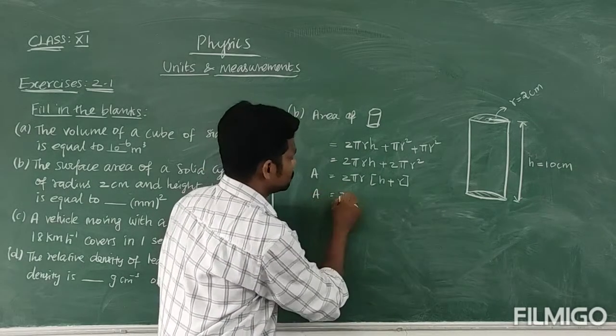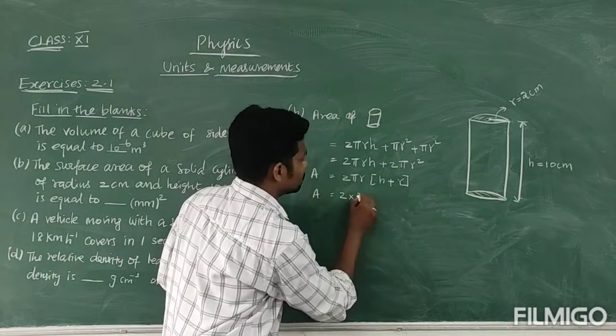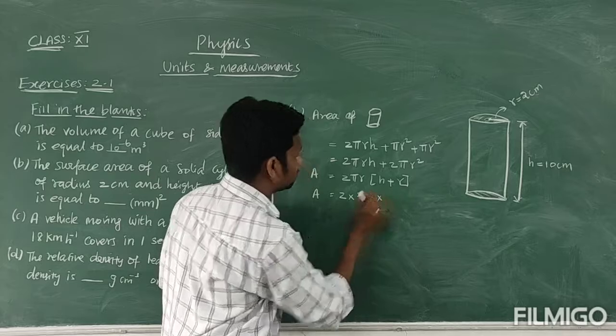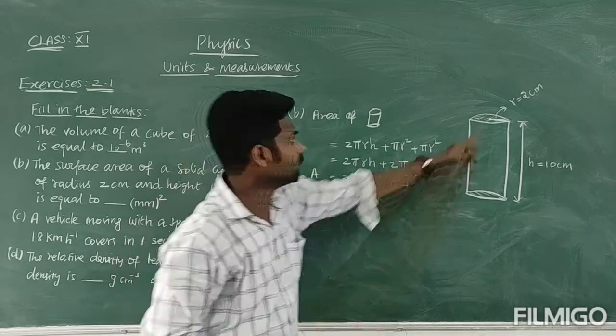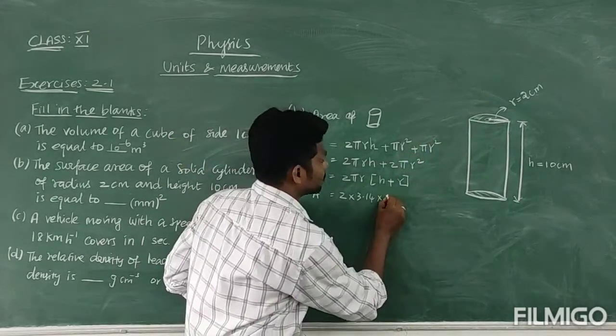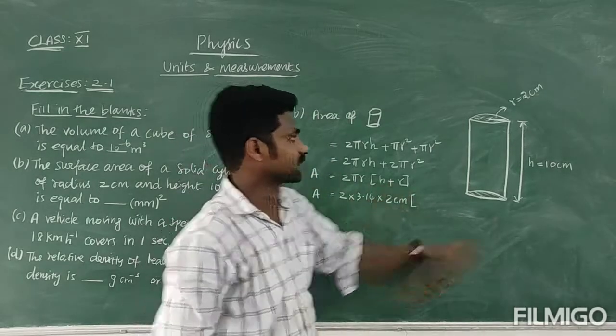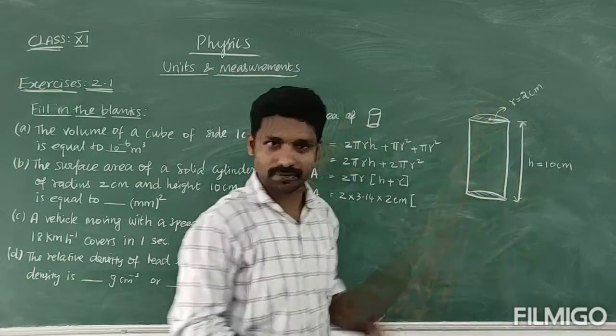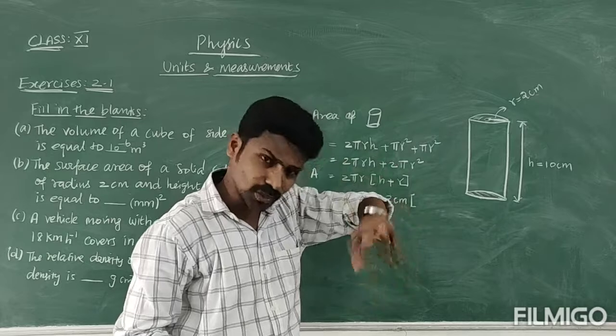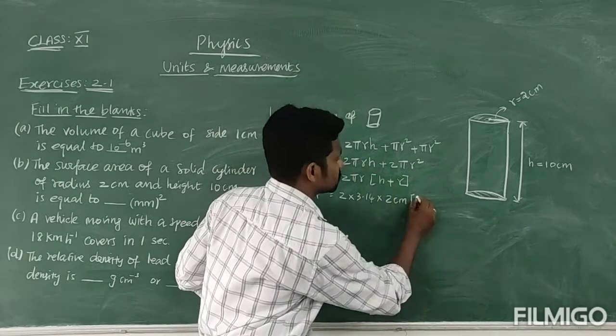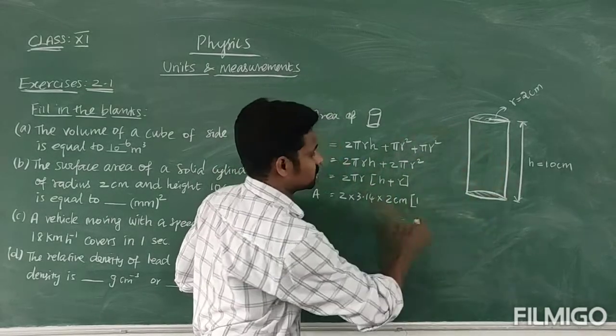Now we can substitute the values as usual. 2 into pi value 3.14 into r value 2 centimeter, then h plus r: h value 10 centimeter, r value 2 centimeter, 10 plus 2 that is 12 centimeter.